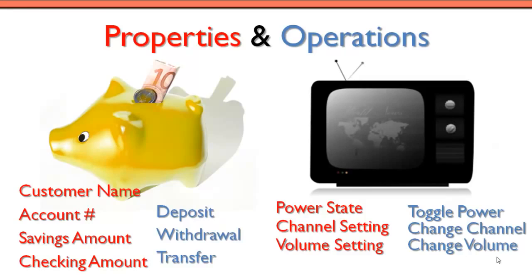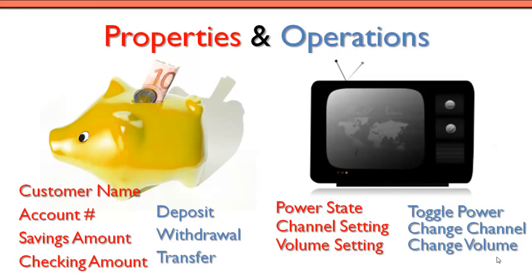So if we think about trying to translate these concepts of properties and operations into something in C++, we can start thinking about variables and functions. So the variables would be able to represent the properties or the state or the attributes of some specific thing, whereas the operations would be our functions.